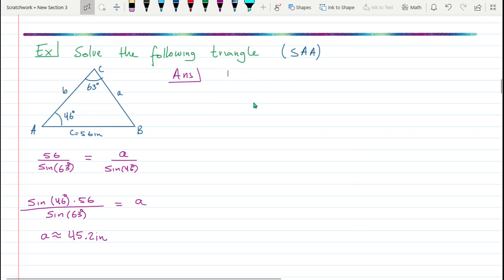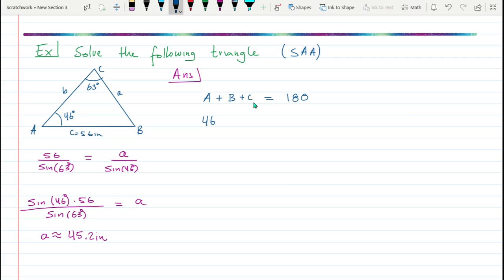We can also figure out the last angle, the missing angle, by following the idea that all of the angles inside a triangle add up to 180. That's a known fact. So we know that A, B, and C has to equal 180. We know that A is 46.